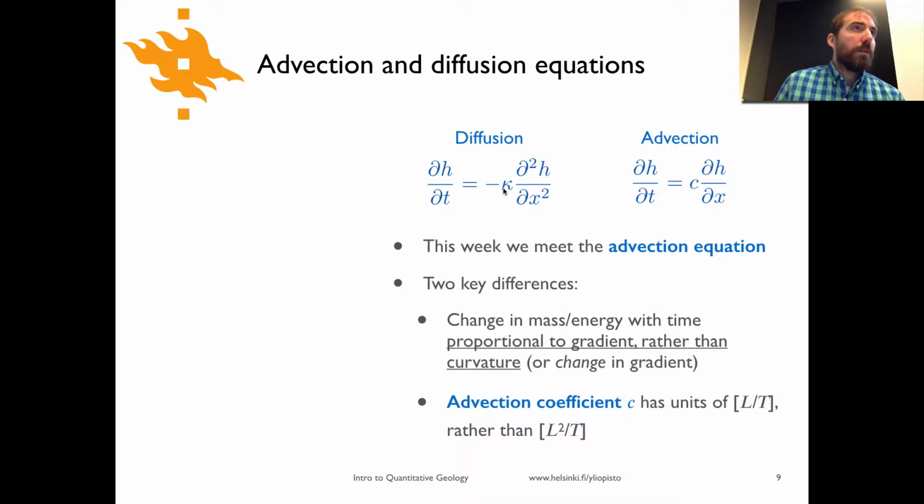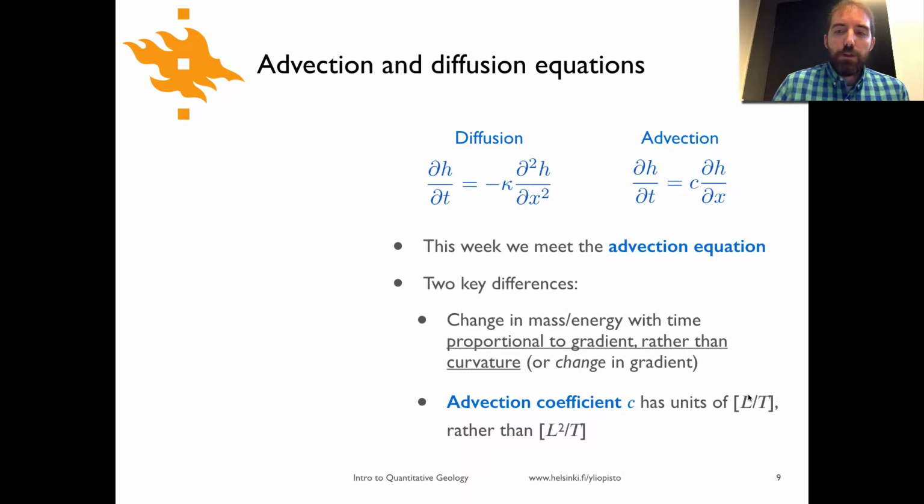This was the diffusivity last week, and this week it's just called the advection coefficient, and it has different units. You could probably see that just from the fact that this is dh dt over here, and if we have a second derivative on this side, the units of this thing must be different than they would be for the same equation with the first derivative on the right side.